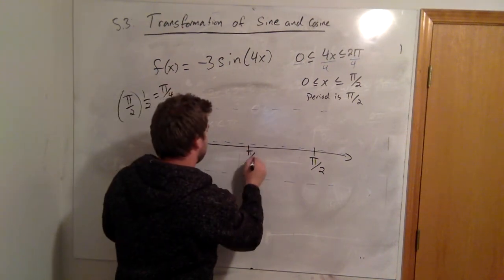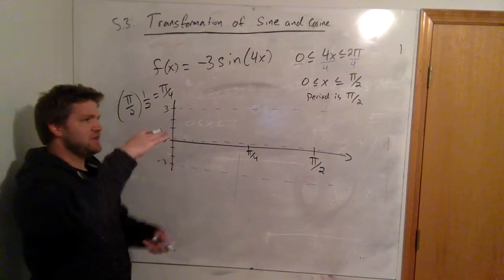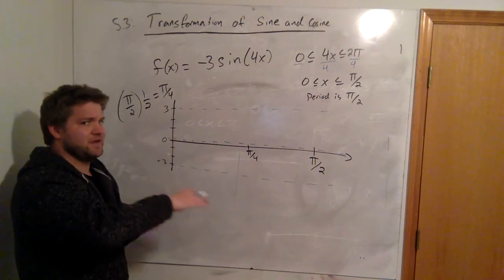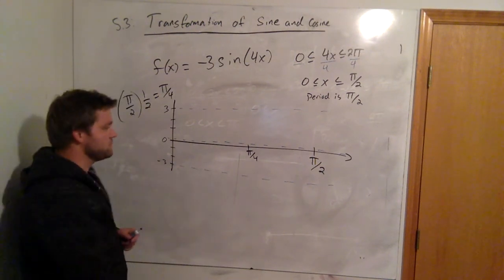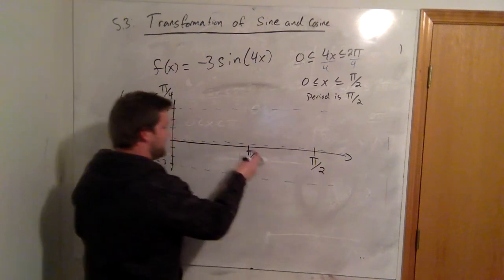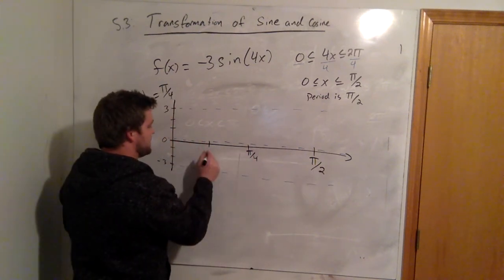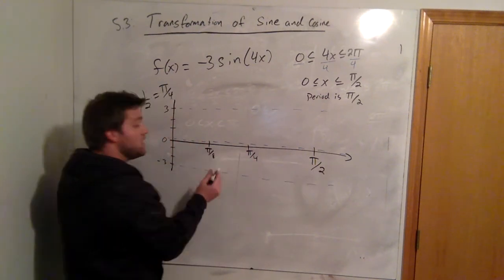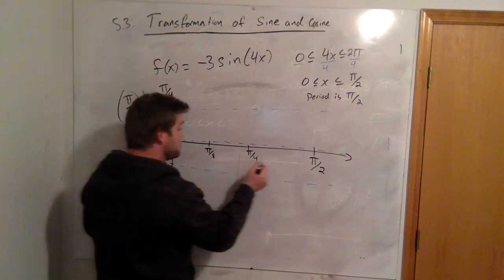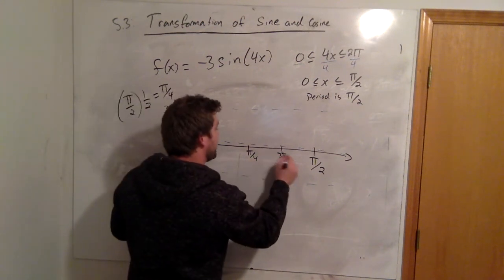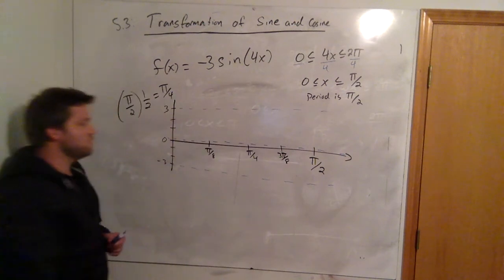Think about a pizza: you take half of it and then another half, you should be left with a fourth. So I'll cut it in half again, and I'll have pi over 8. I have 1 pi over 8, 2 pi over 8, 3 pi over 8. So I've marked these 4 spots.